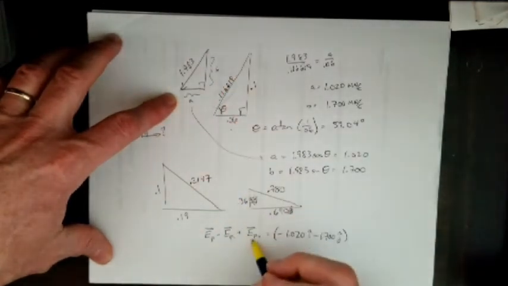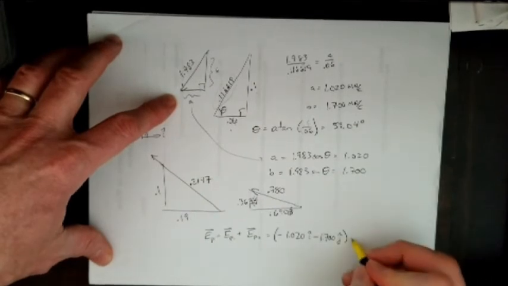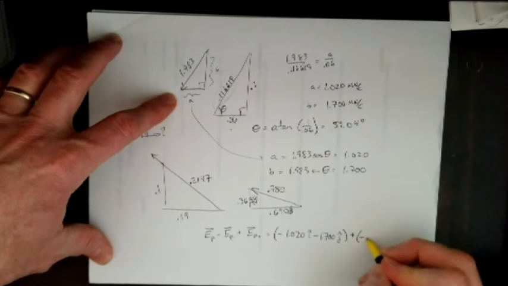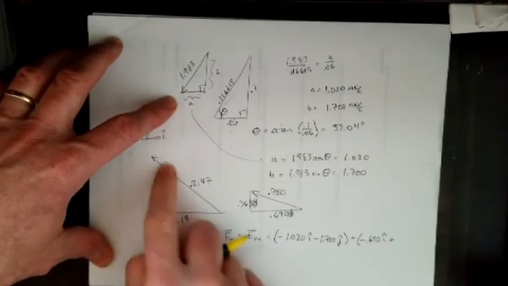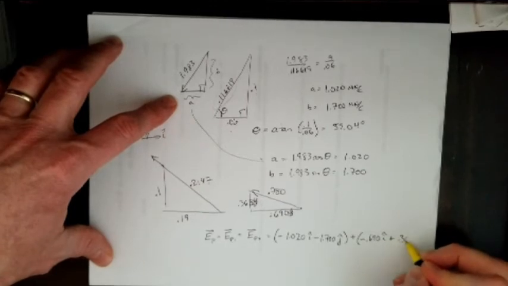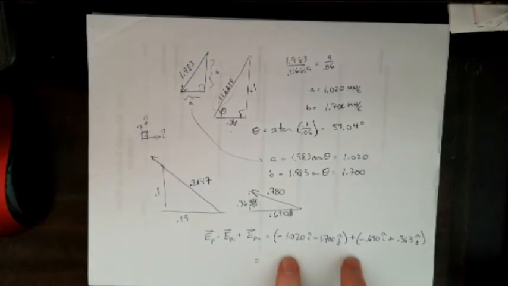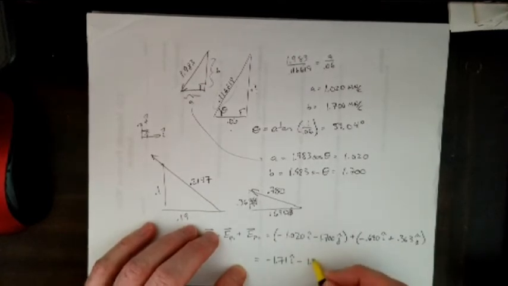EP 2 is going off in that direction, going that way. And so plus is going to the left, so negative 0.690 i hat plus, because I'm going up, 0.363 j hat. Adding these together, negative 1.71 i hat, and then here minus 1.337 j hat.